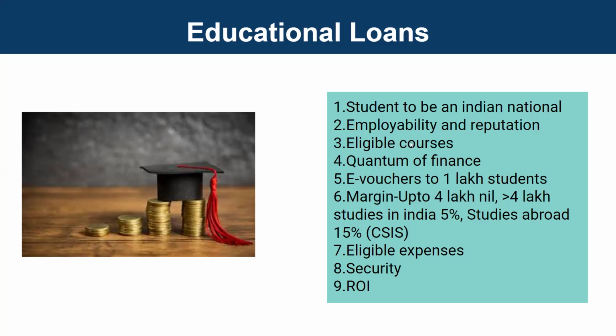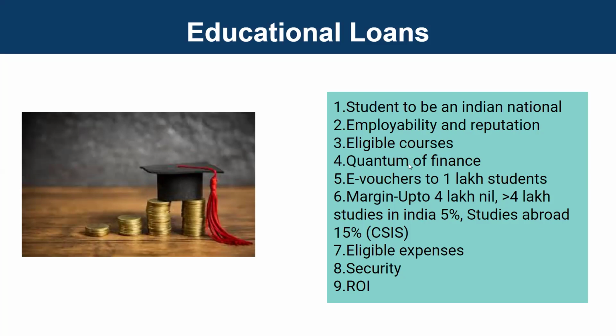The eligible courses in India would be graduate or PG degree courses conducted by recognized colleges or universities, or courses offered by reputed institutions like the IITs, IIMs, XLRI, TISS, etc. When it comes to studies abroad, graduation from a reputed university and post graduation like MCA, MBA, MS, etc.